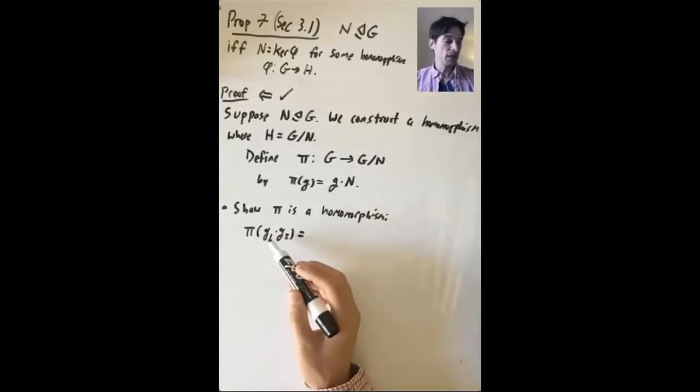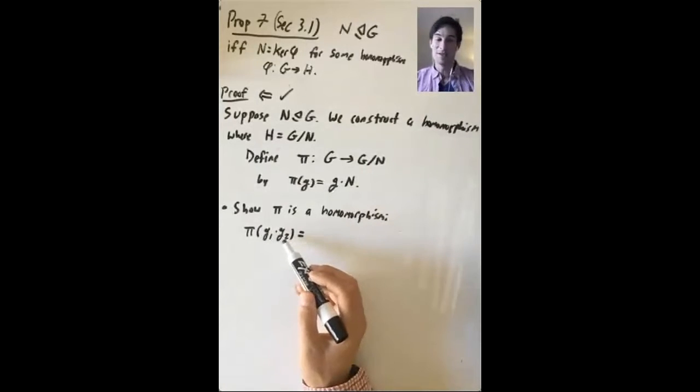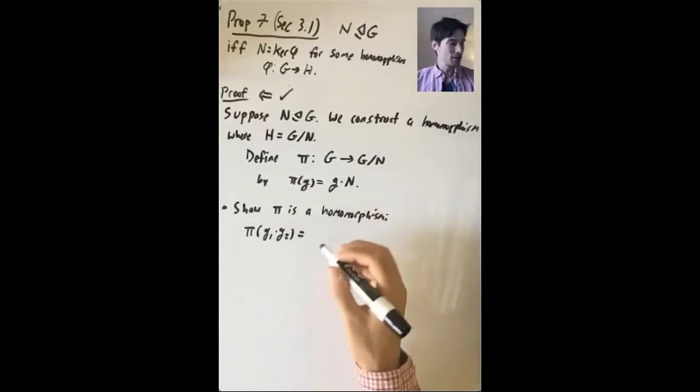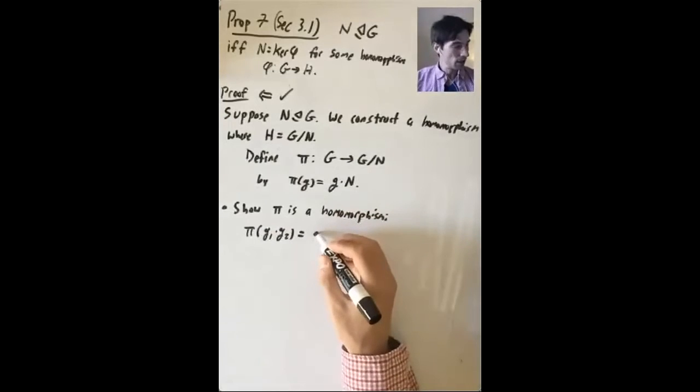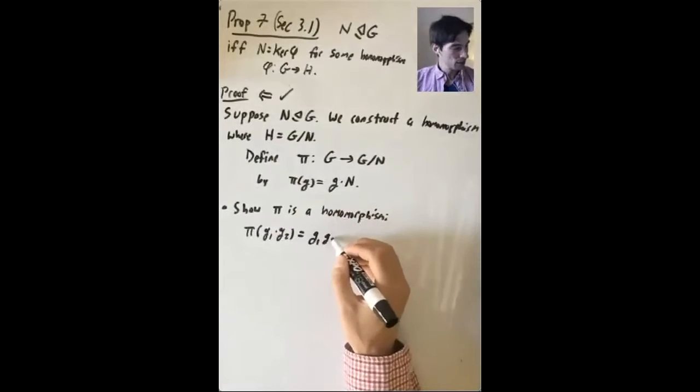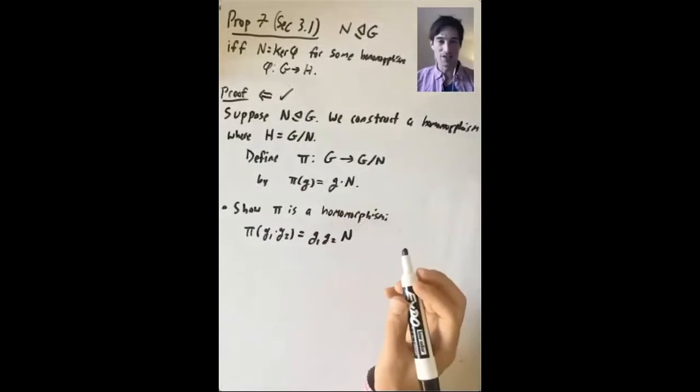So what do we need? We need pi of g1 times g2 to be equal to pi of g1 times pi of g2. So let's just start with one side and see what we get. OK, so what is pi of g1 g2? Well, it's the left coset of N containing g1 g2.